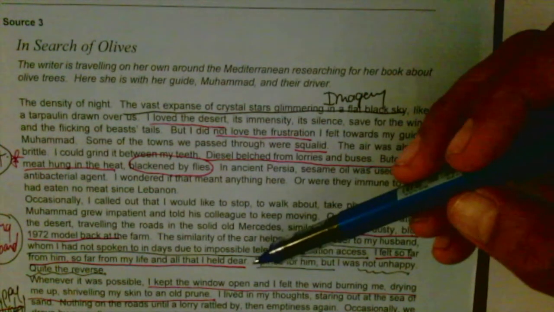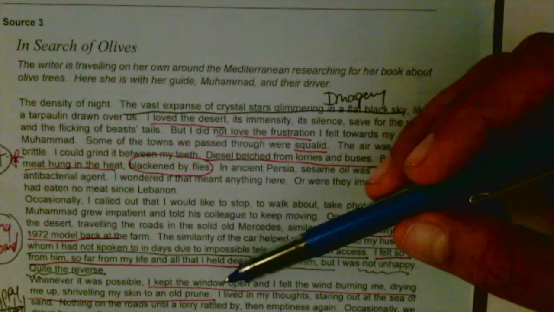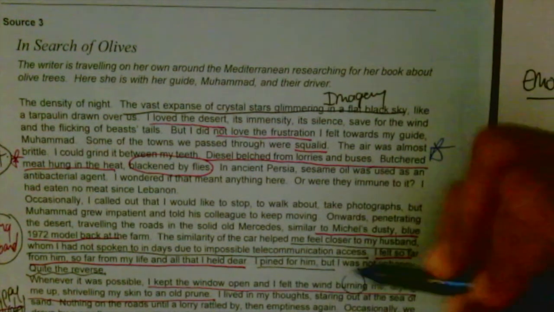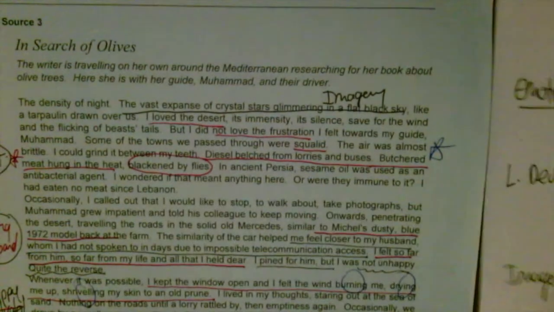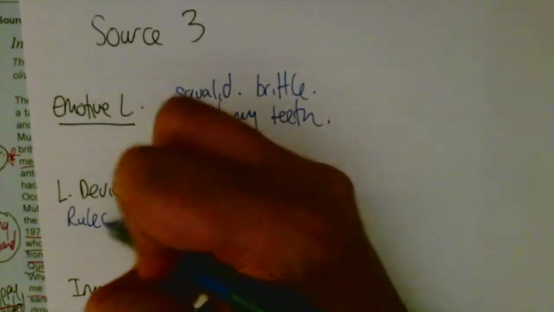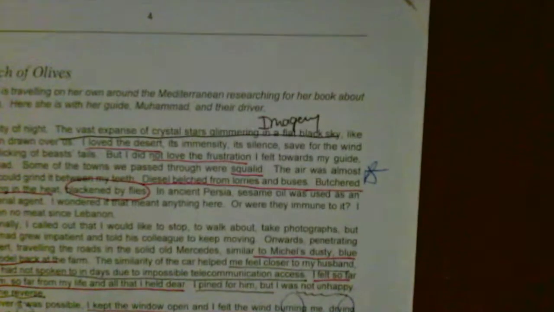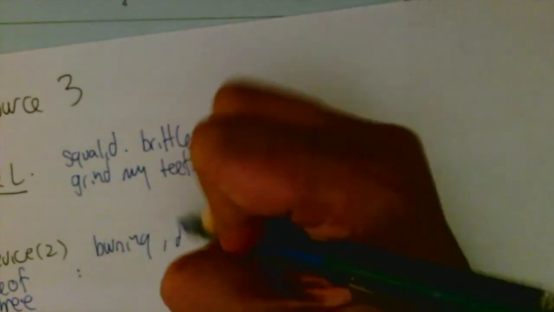Whenever it was possible, I kept the window open and felt the wind burning, drying me up, shriveling my skin to an old prune. Burning, drying, shriveling. That's a list of 3, so it's a rule of 3. And I'm just going to write those down. Burning, drying, shriveling.